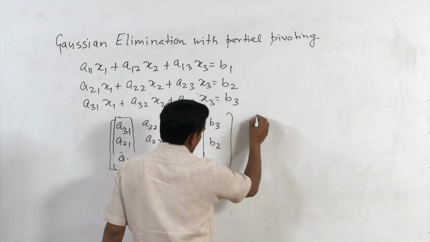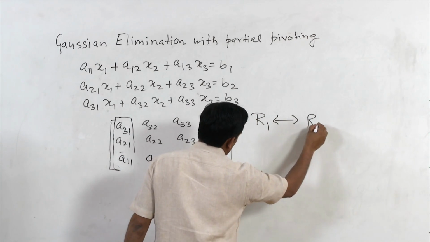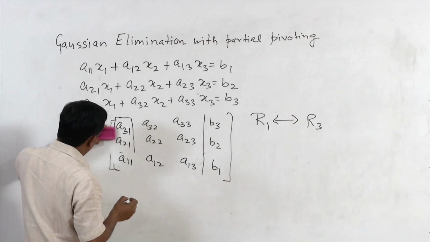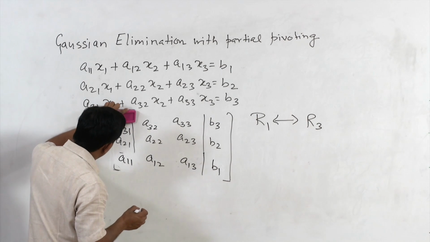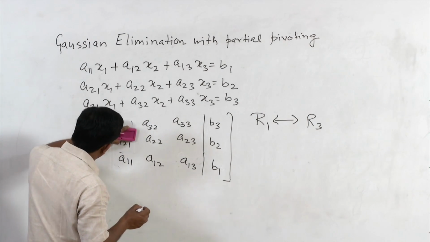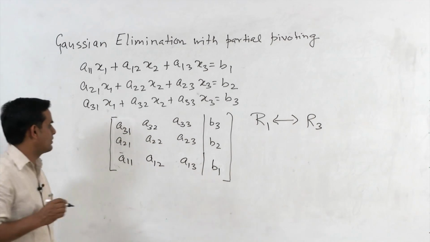So, I have done an operation R1 interchange with R3. So, now this a31 is the biggest element in terms of absolute value in the first column.